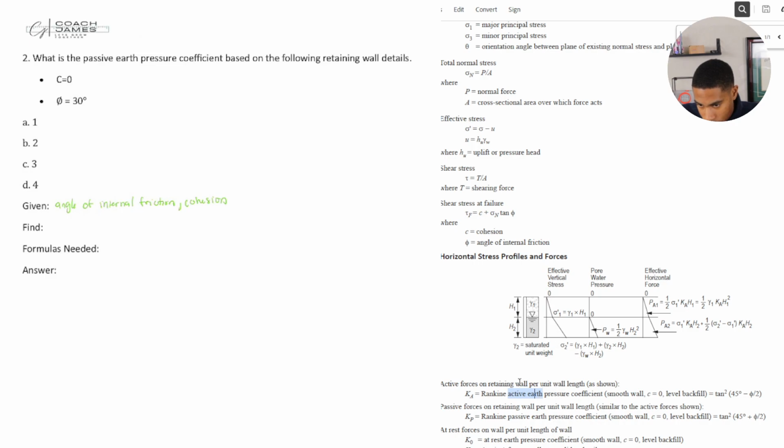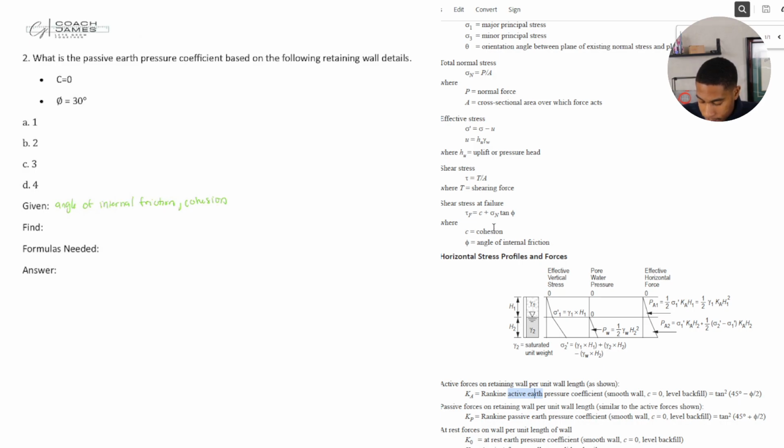Okay. So anytime you're in the retaining wall section, you're going to be roughly in the area where it tells you what phi and what C is.